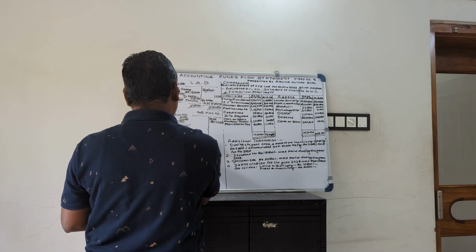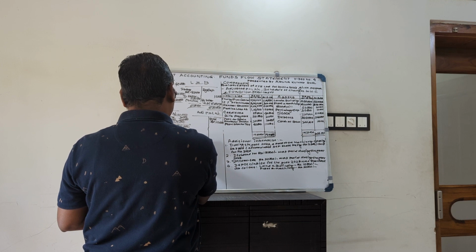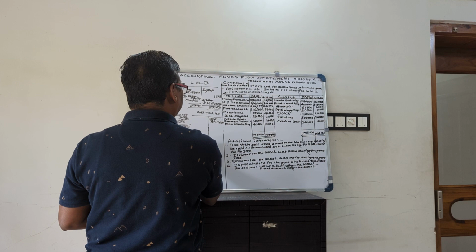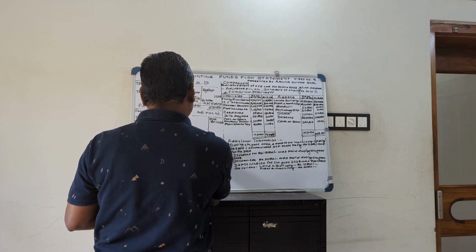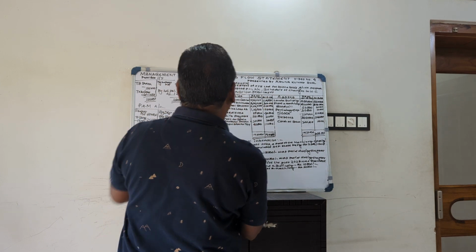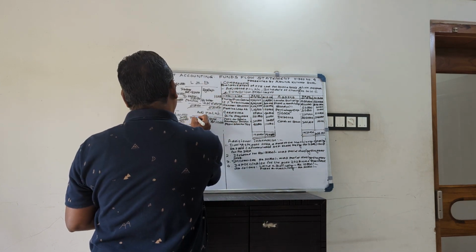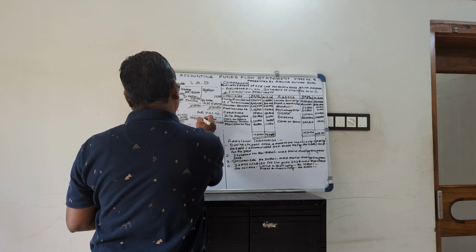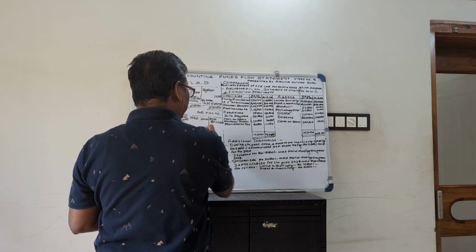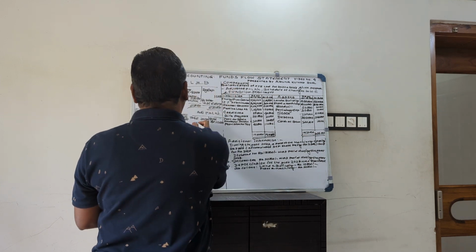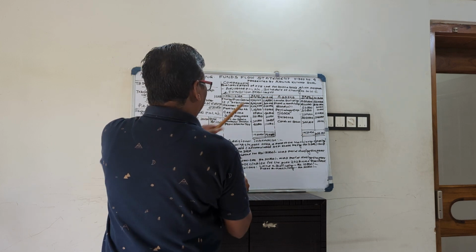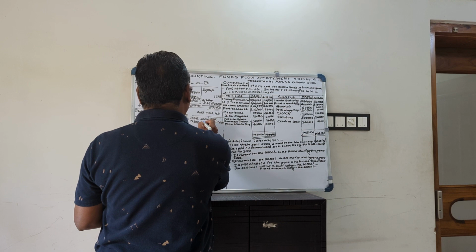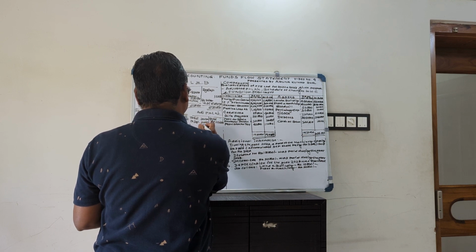Then to balance carried down, the amount is 1,70,000. The difference is 60,000. First, general reserve 20,000, write to general reserve 20,000. Then depreciation: land and building 10,000, plant and machinery 50,000.